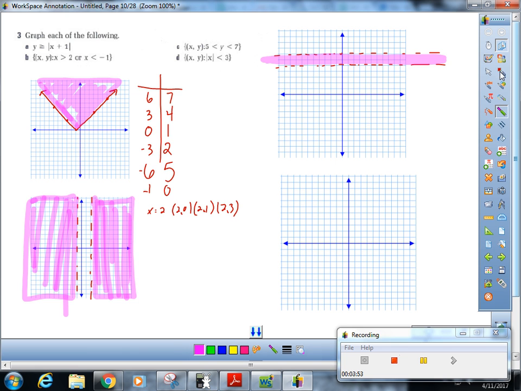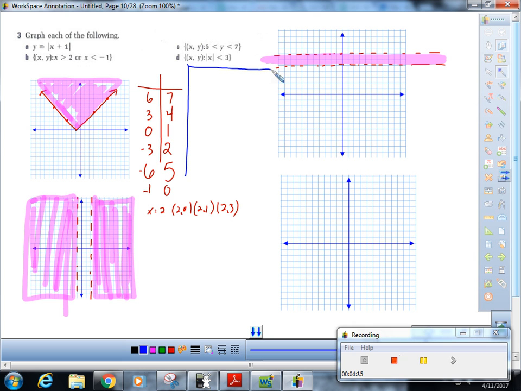And finally, the real tough one. Absolute value of x is less than 3. So I think for this one, I'm going to do some guess and checks. Okay? y can be whatever we want. Let me do this one in blue. The absolute value of x is less than 3. x cannot be 3 because the absolute value of 3 is not less than 3.